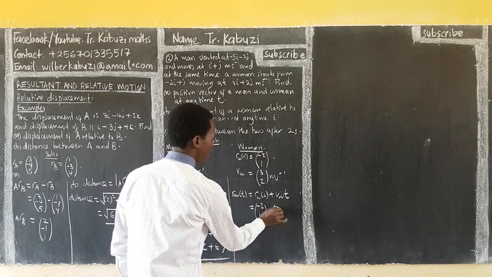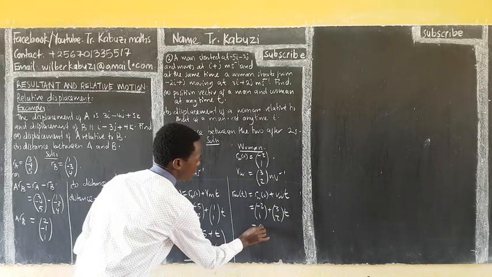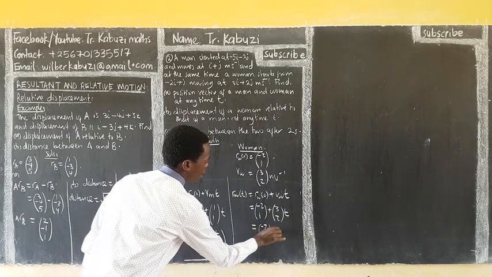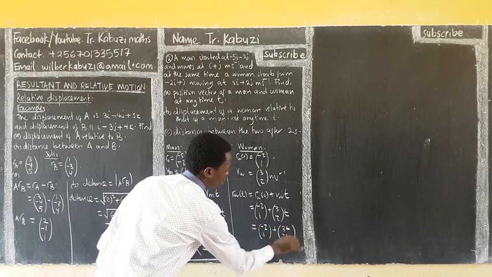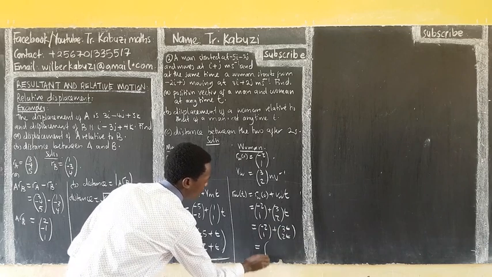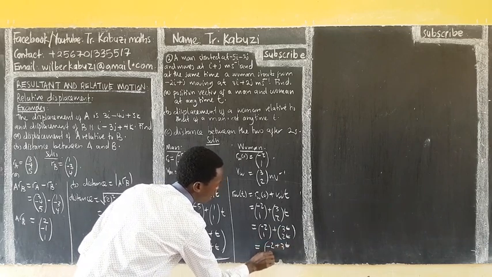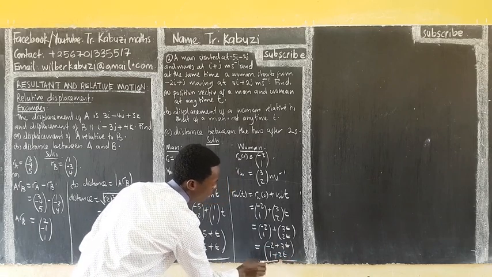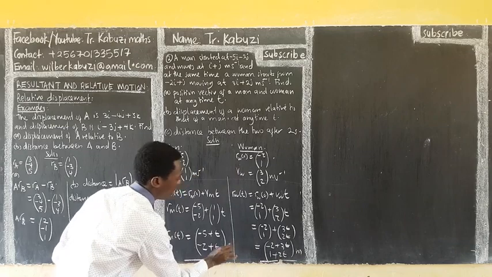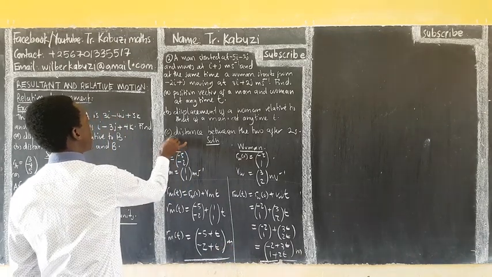Then the rest of the woman, 3, 2 times t, which will be the same as -2, 1, then plus 3t, then 2t. If we combine, we get -2 plus 3t, then 1 plus 2t. So that is going to be our displacement. It's supposed to be meters at any time. So that was part A.